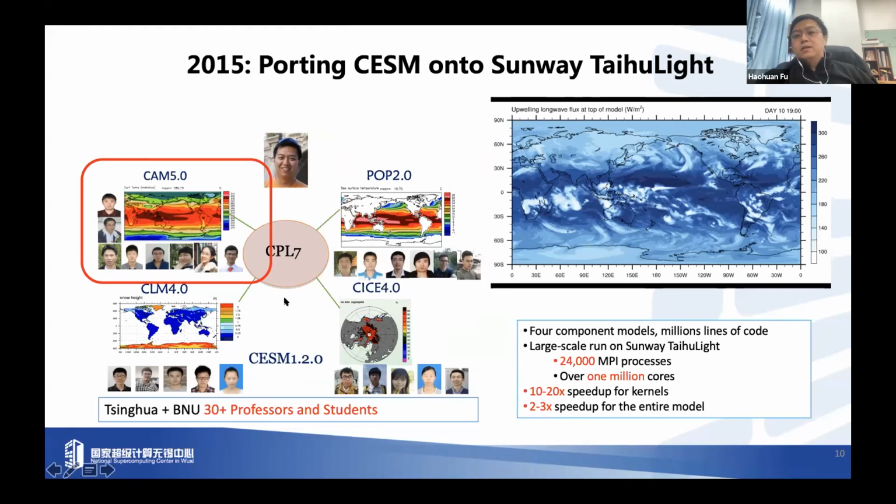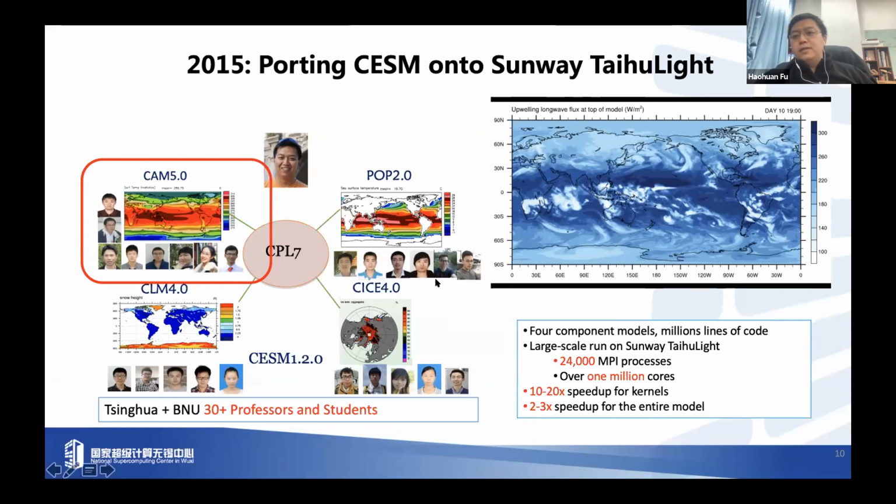If you are working in the climate domain, you should be very familiar with this CESM Earth system model. It is probably one of the most widely used climate modeling programs in the world, with the atmospheric component, the ocean component, the land component, the sea ice component, and also of course the coupler to connect all these different components.